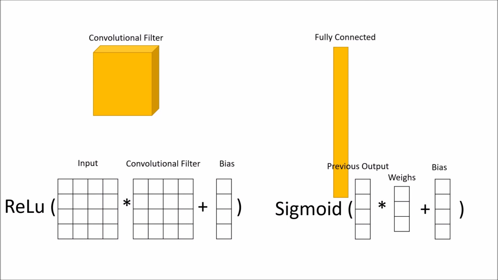But instead of an element-wise multiplication per group and filter like in the convolutional layer, each item in the fully connected layer is multiplied by each weight. So the weights for this layer are of somewhat arbitrary length. This also has a bias term added. Note the bias is the same size as the input, not the weights. And then a nonlinearity is performed. In this case, we chose the sigmoid function. It is through these special calculations that our optimizer utilizes backpropagation and learns the parameters for our classifier.